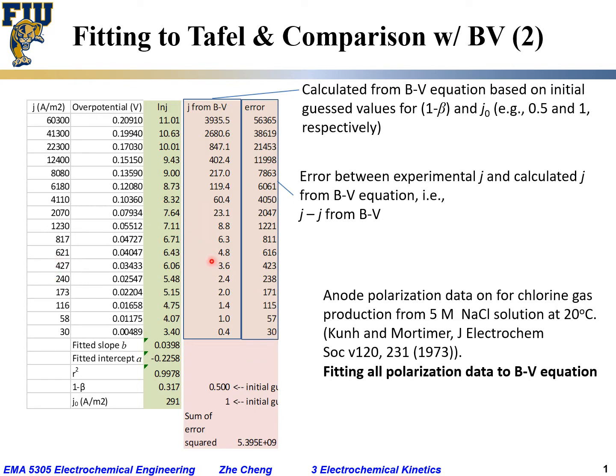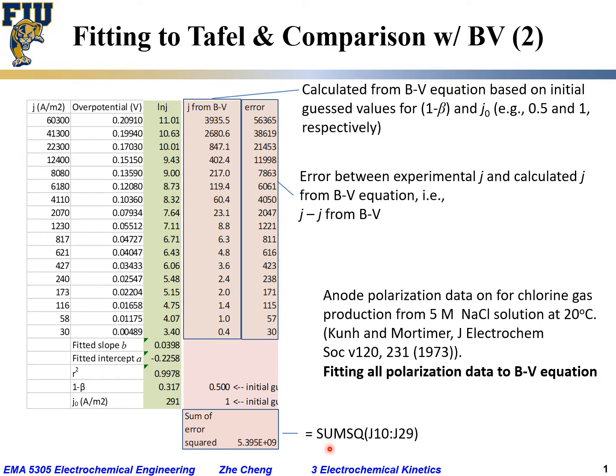The calculated value is from the Butler-Volmer equation with the parameters, the 1 minus beta and the J0 parameter, initially guessed at 0.5 and 1 amp per meter square. Okay. Then, with all the error values for different overpotentials, we can also calculate the sum of error squared.